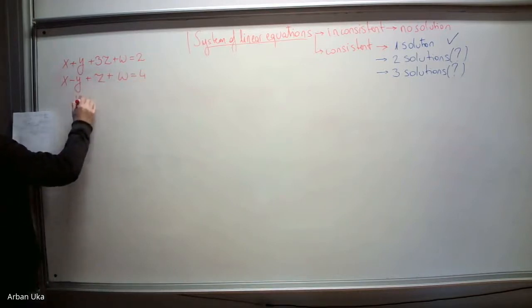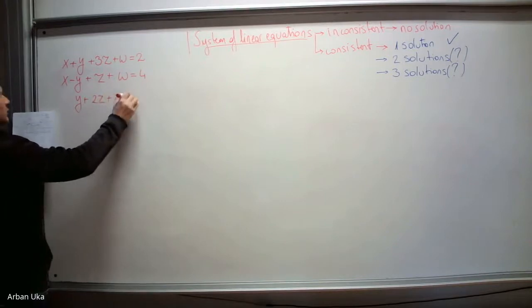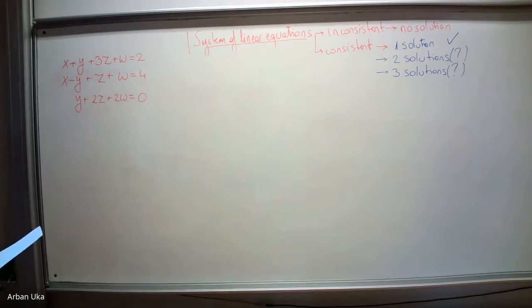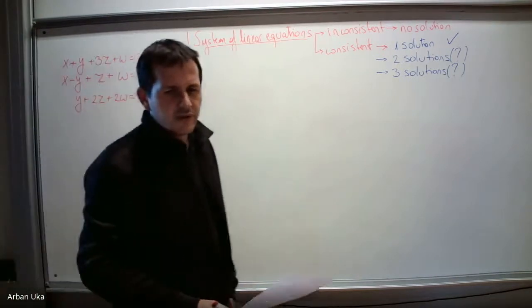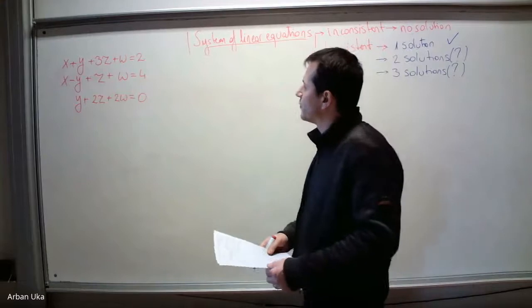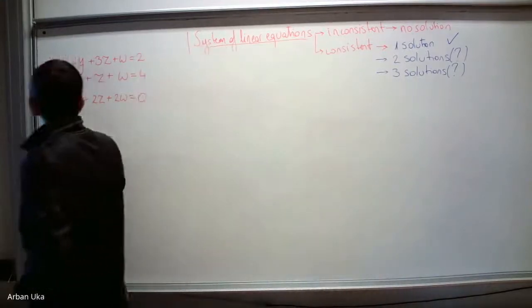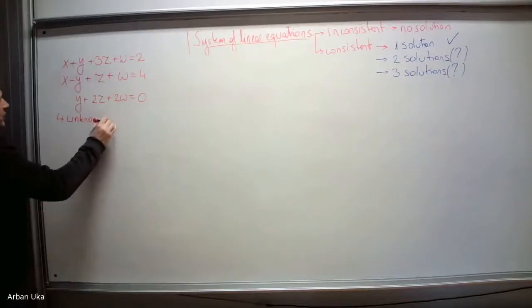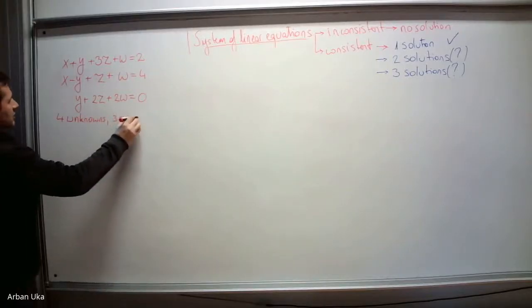And we have y plus 2z plus 2w, this is equal to 0. So here we have another system of linear equations. How many unknowns do we have here? 4. That's good. So we have 4 unknowns. How many equations? 3. 4 unknowns and 3 equations.